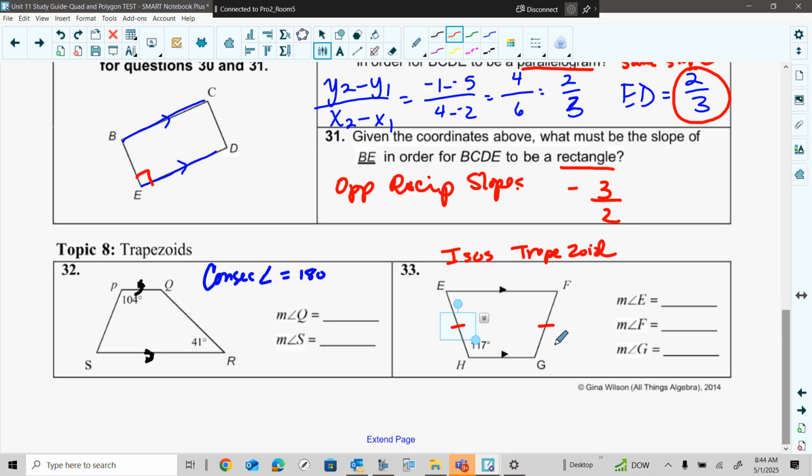So you're going to have base angles that are congruent. E and F are base angles. H and G are base angles. And then you're also going to use consecutive angles are supplementary, or opposite angles. And isosceles opposite angles are supplementary.